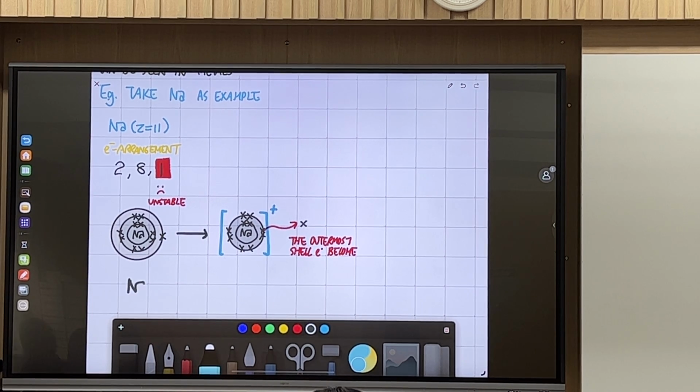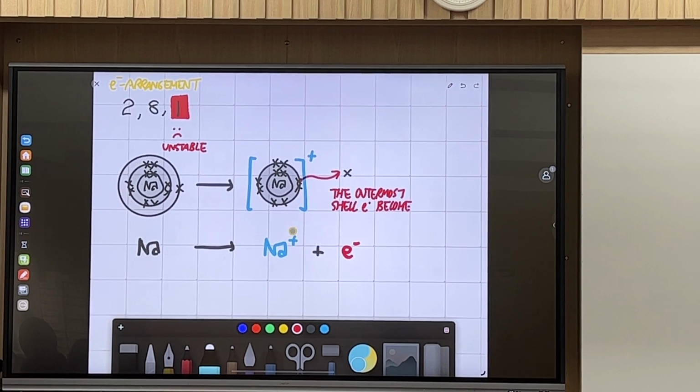We have Na becoming Na+ plus an electron. The charge should be balanced on both sides. You have 0 charge on the left, but on the right you have 1 plus and 1 minus, which still add up to 0 overall charge. So you know something is wrong when you write Na minus here, because the charges don't add up. This is one way to check your answer.